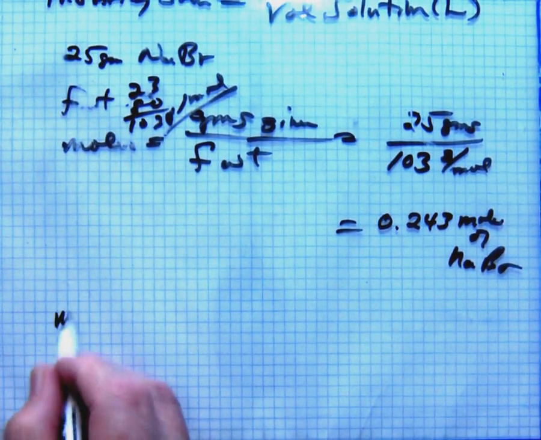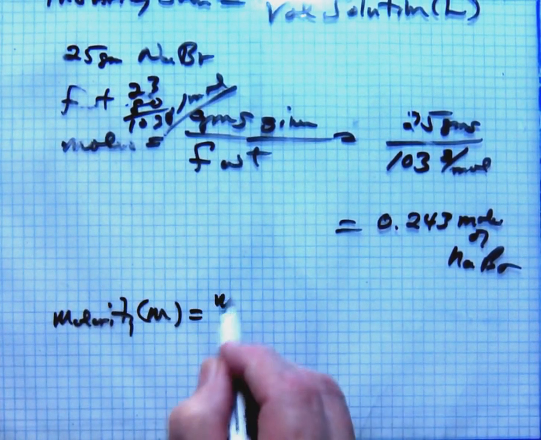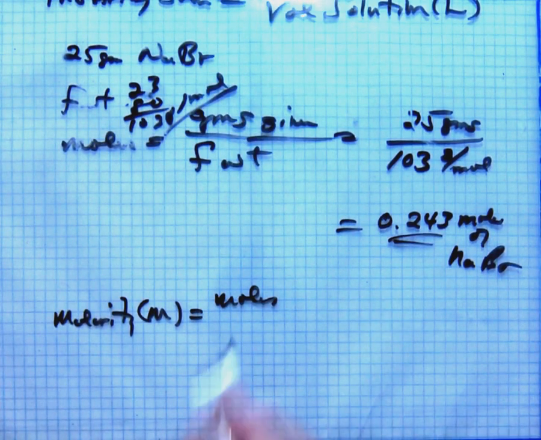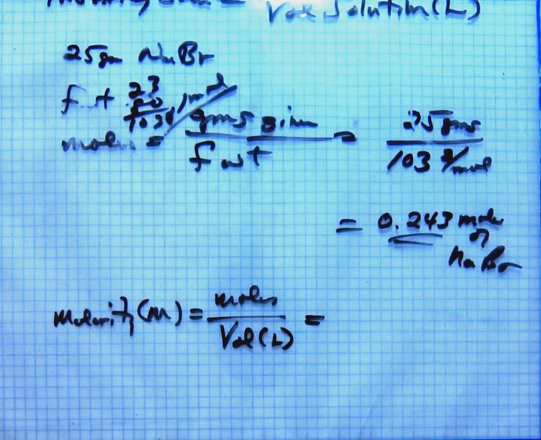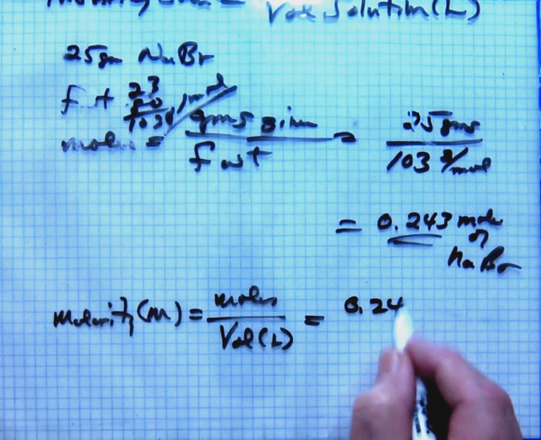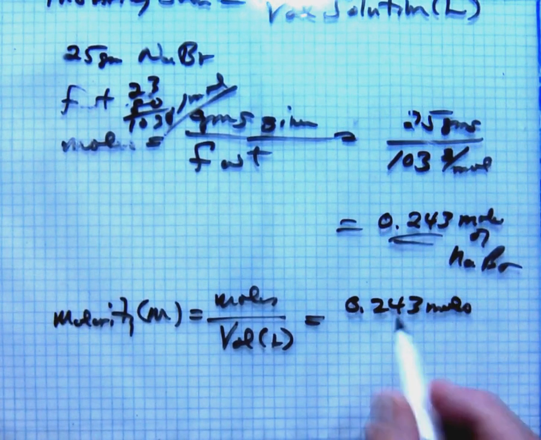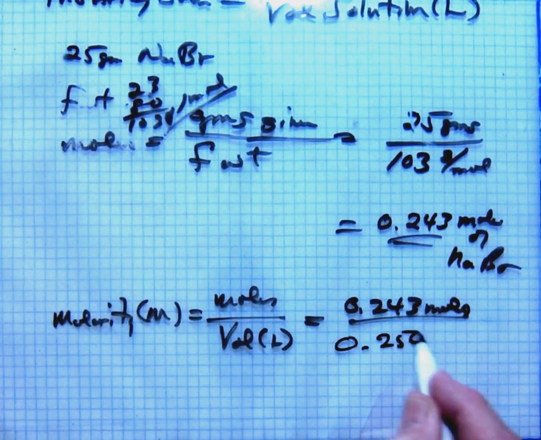Now the molarity, M, of that solution is moles, which is this number, divided by the volume expressed in liters, and we get a number. So moles is 0.243 moles of sodium bromide. And what did I say was the volume? 250 mils, convert to liters, divide by what? 1,000. And so I want to divide by liters, 0.250 liters.